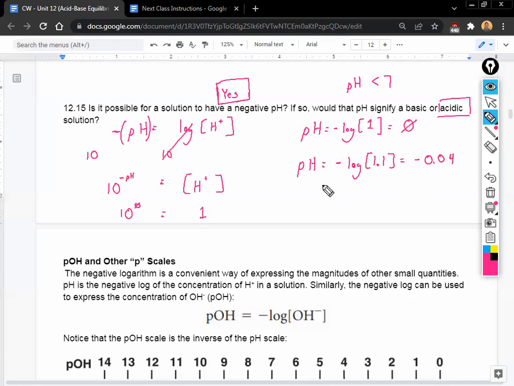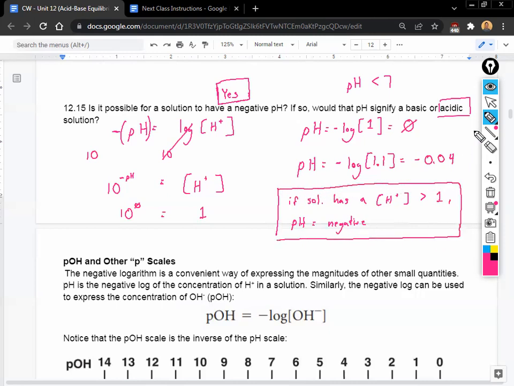So basically the point is, if the solution has a concentration of H plus that is greater than 1, the pH is going to be negative.